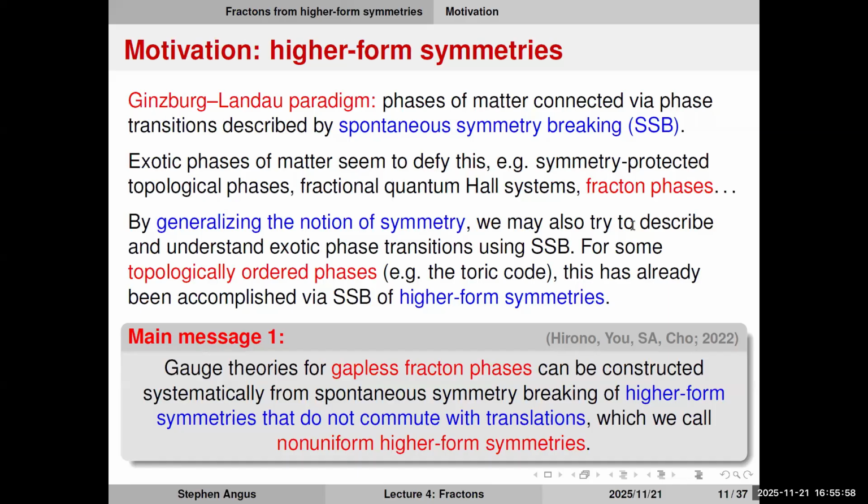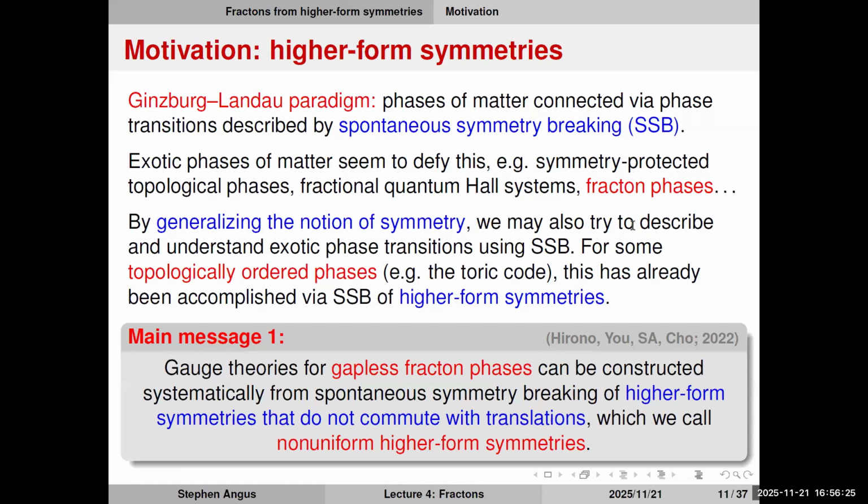And the key thing I want to introduce in this part, which is the first main message of this talk, is that gauge theories, such as what I described for gapless fracton phases, can be constructed systematically from spontaneous symmetry breaking of higher form symmetries that do not commute with translations.